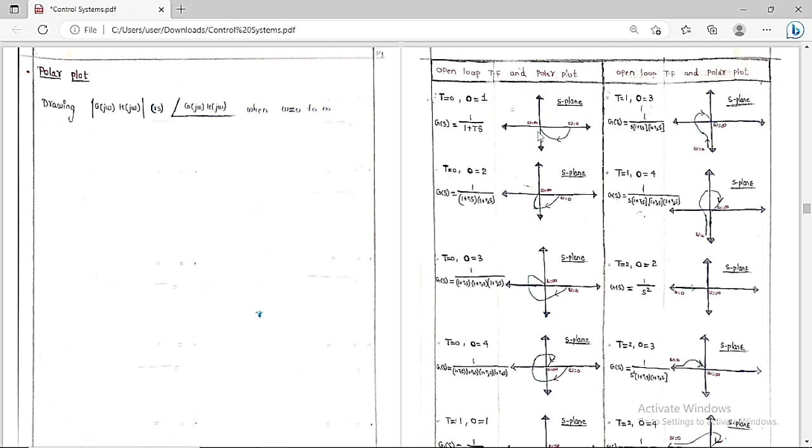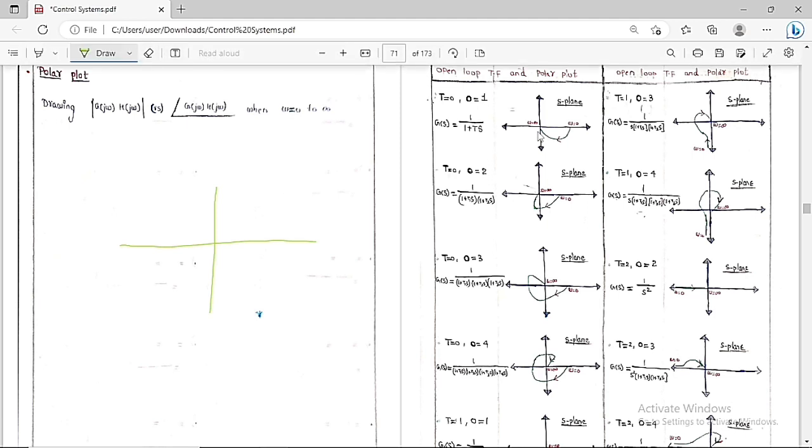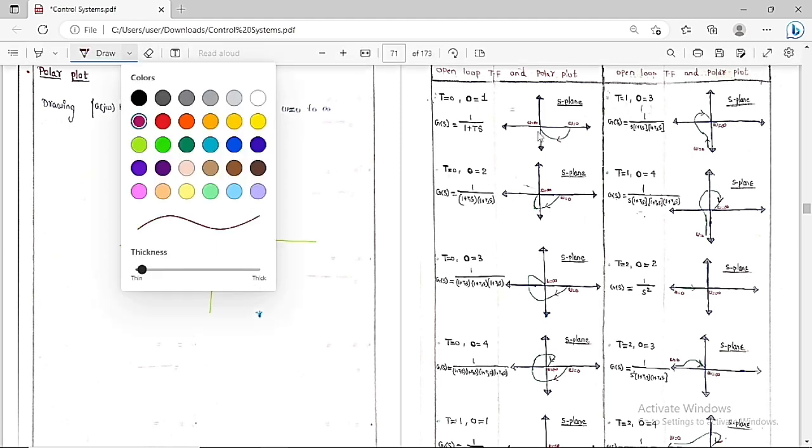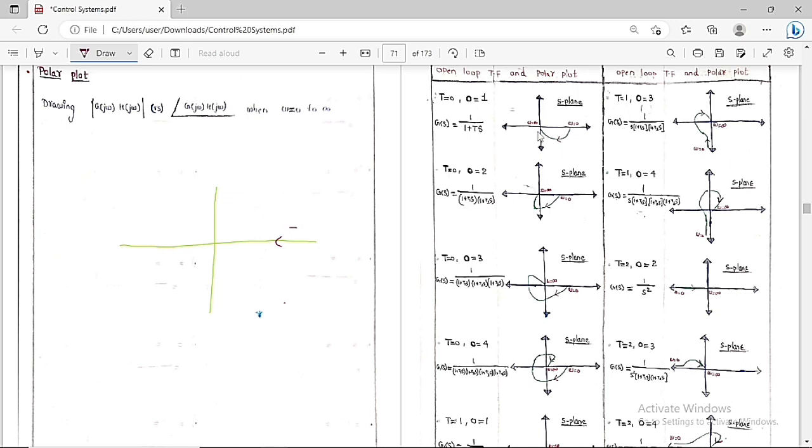So always remember the shortcut that I am going to write here. Very simple. This is type 0. This is type 1. This is type 2. This is type 3 system. And then what is the order?